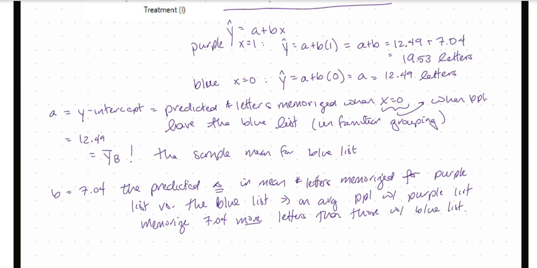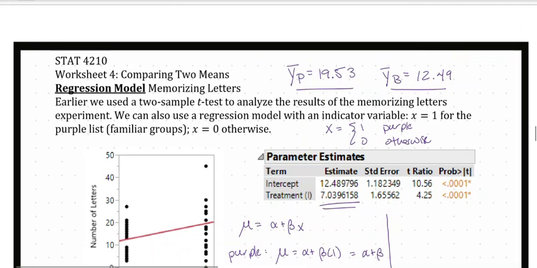And I can say it's purple list more than blue list because we defined the purple list to be x equals 1, the blue list to be x equals 0. So when we go from 0 to 1, we see a positive increase in the average number of letters memorized because that slope is positive. So when we go for a 1 unit increase from blue to purple, we see a positive change in the average response. So what did we see in our samples?